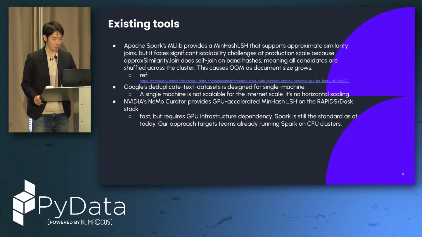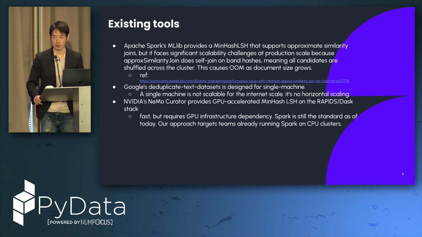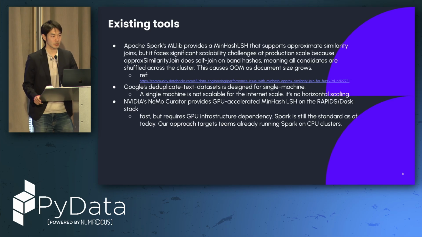Anyway, self-join on bandhash can easily shuffle across the cluster, which is the scalability challenge. The second tool is from Google. They have a repository called deduplicate-text-datasets, and this is designed for a single machine, with a Rust implementation. There's no horizontal scaling. Lastly, we have the NVIDIA NeMo Curator library. They provide GPU-accelerated MinHashLSH on a tech stack called RAPIDS.